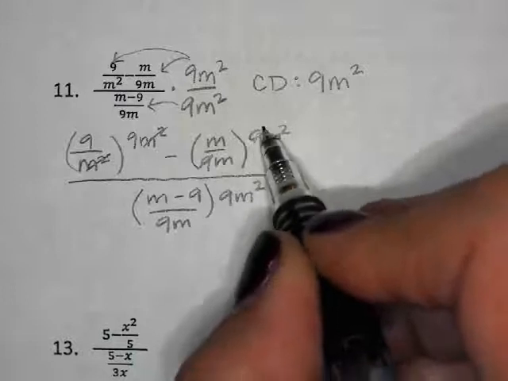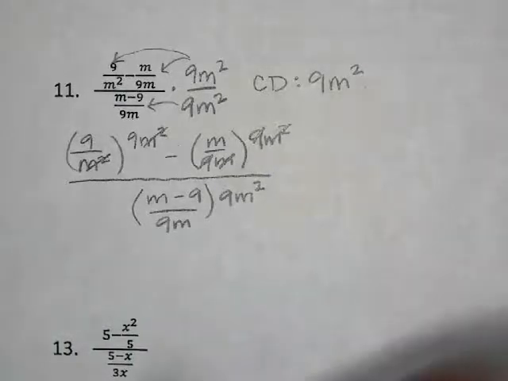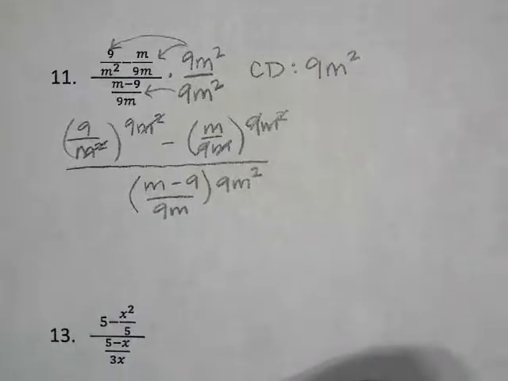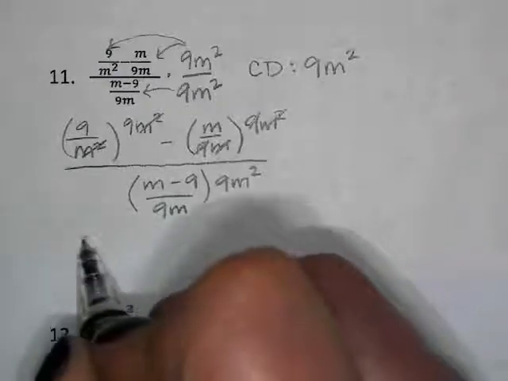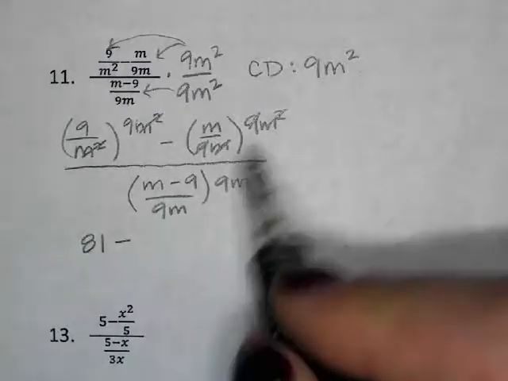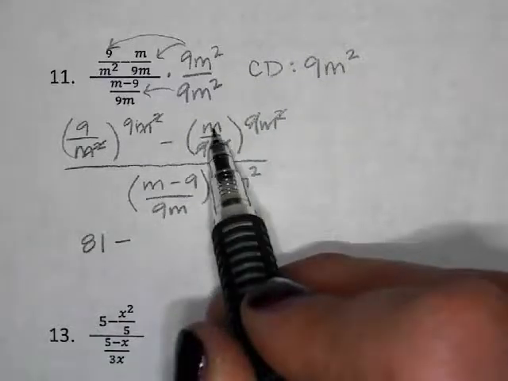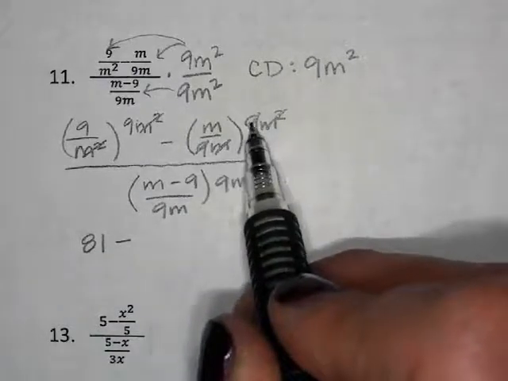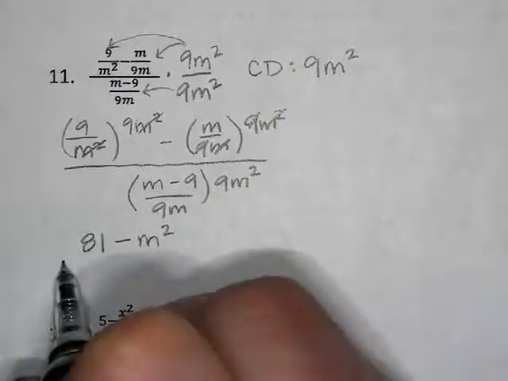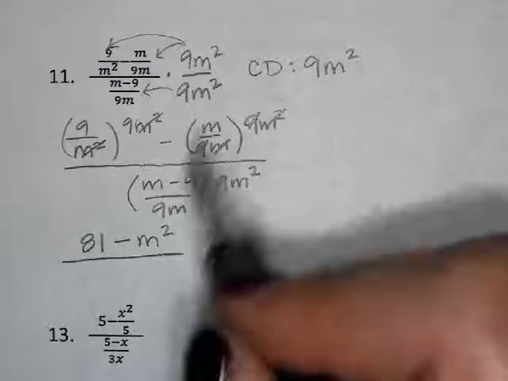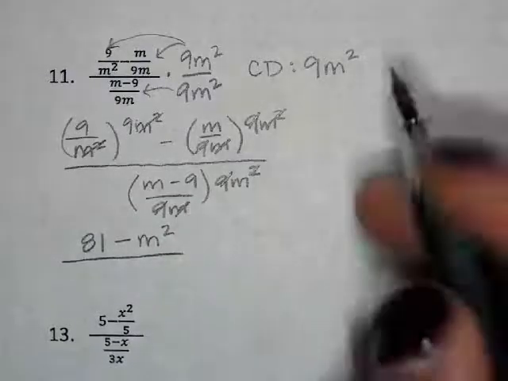Okay. So on the top, we have 81 minus, no, there's no 9, just m squared. And then on the bottom, we have an m minus 9 times m.